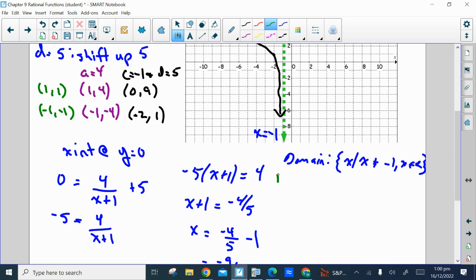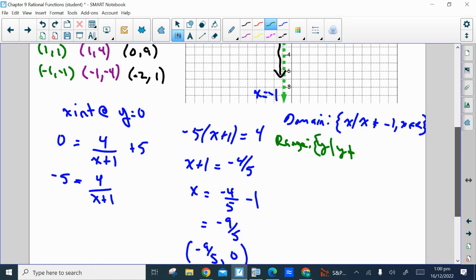And our range: all values of y such that y cannot equal +5, because that's where our asymptote is.